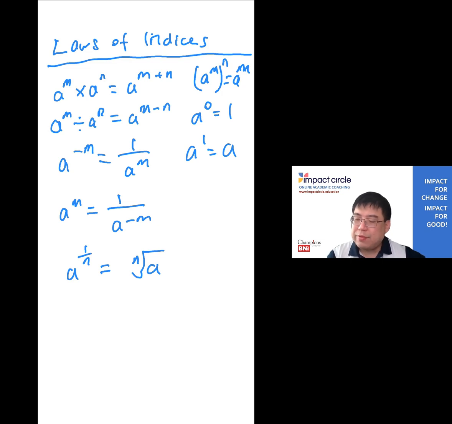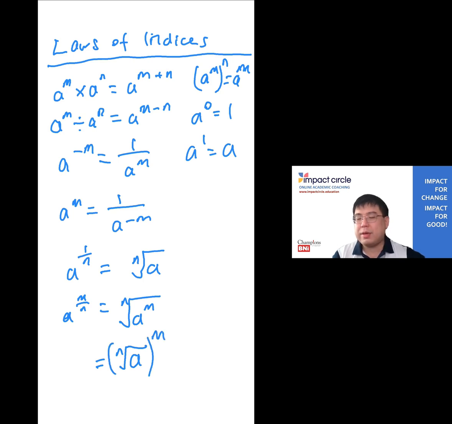And we have the general fractional power, which is a to the power of m over n equals the nth root of a^m, or the nth root of a, the whole thing to the power of m, either way.